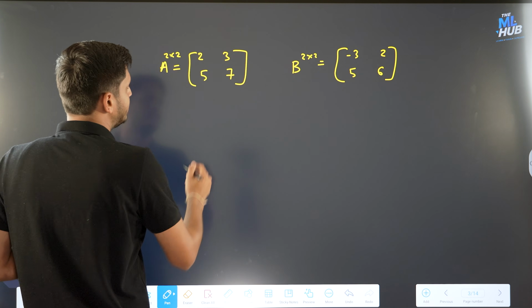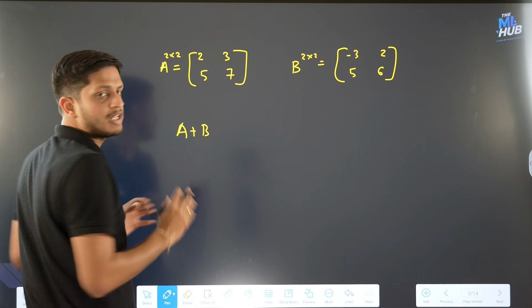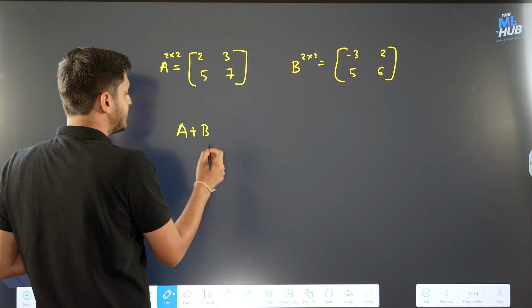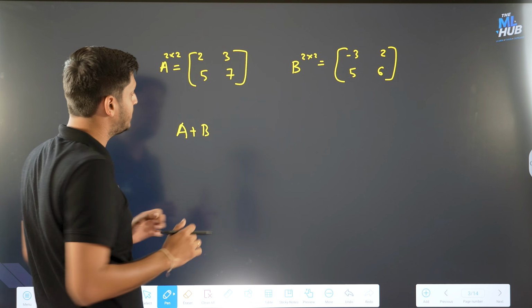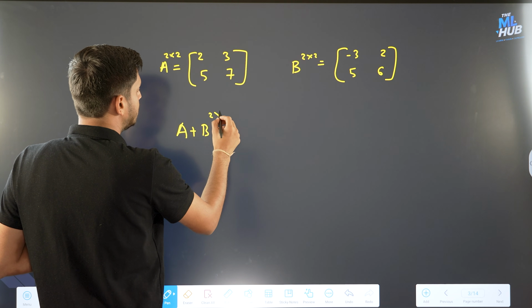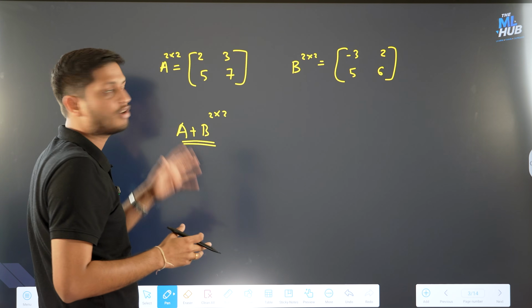Then if I want to compute A plus B, firstly, A plus B is another matrix, you can call it C also, and A plus B will also have an order of 2 cross 2. You can compute this addition only if the orders of A and B are the same.